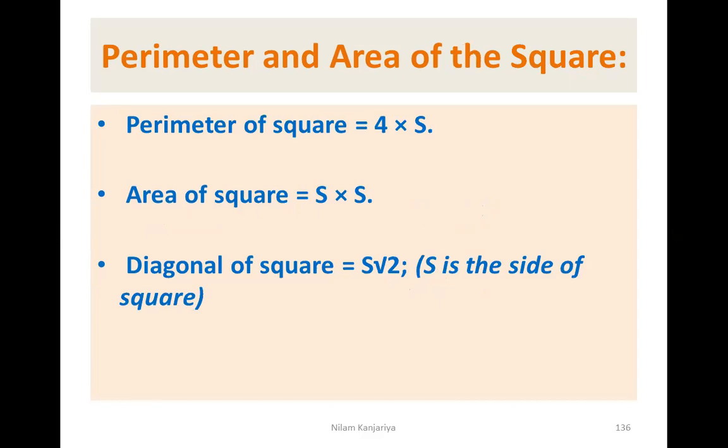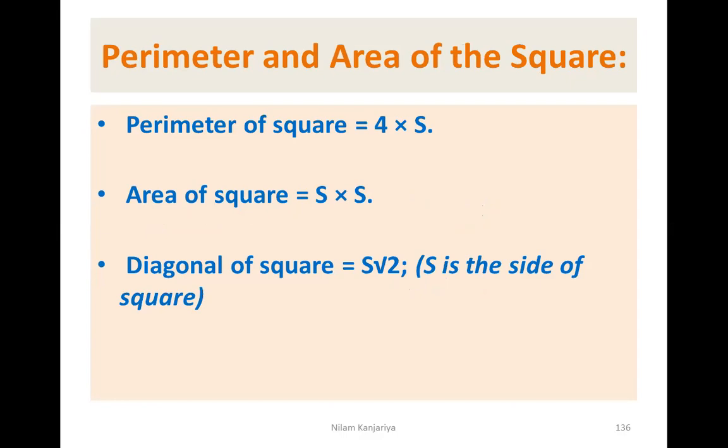Second, the square. For the square, your perimeter is the sum of all sides. That means you have four sides, and with s denoting the side, the perimeter is 4 times side.